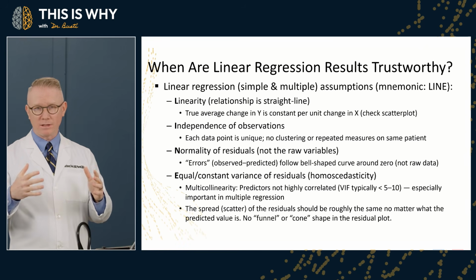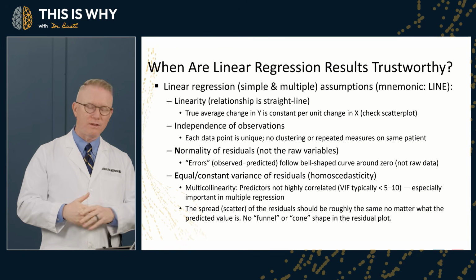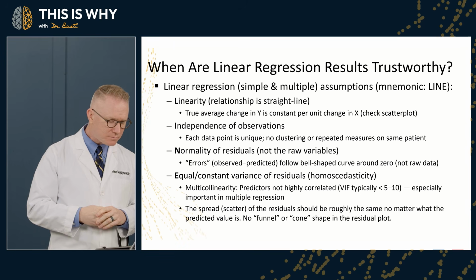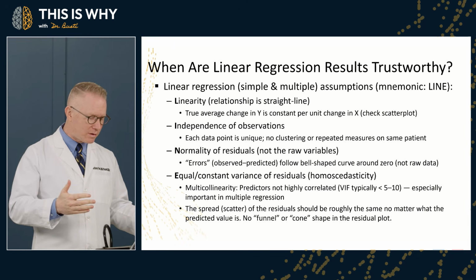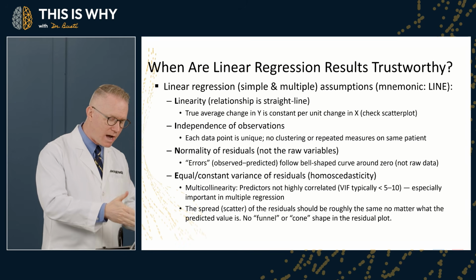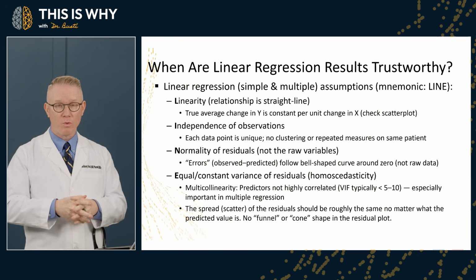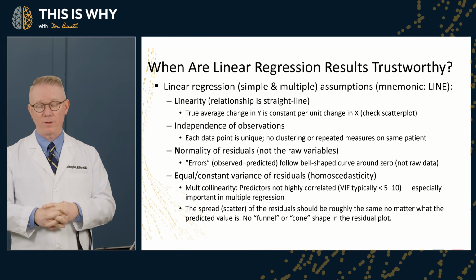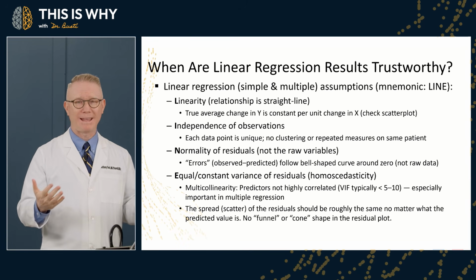And then there's something called, for E, L-I-N-E, equal or constant variance of the residuals, okay? Now, when you have multicollinearity, okay, these are when predictors are highly correlated to one another, okay? You want this variance inflation factor, or VIF, to be low, okay? We do not want it to be high.